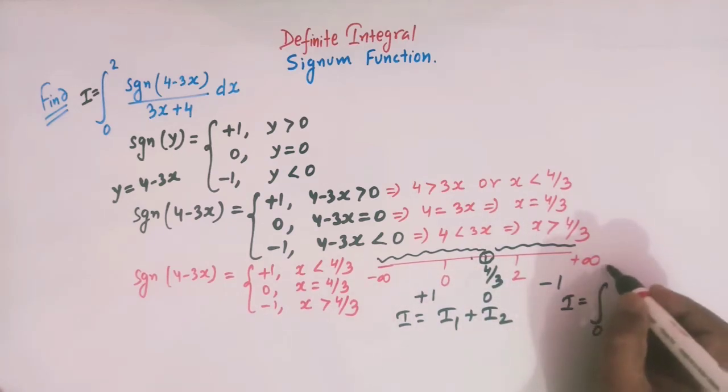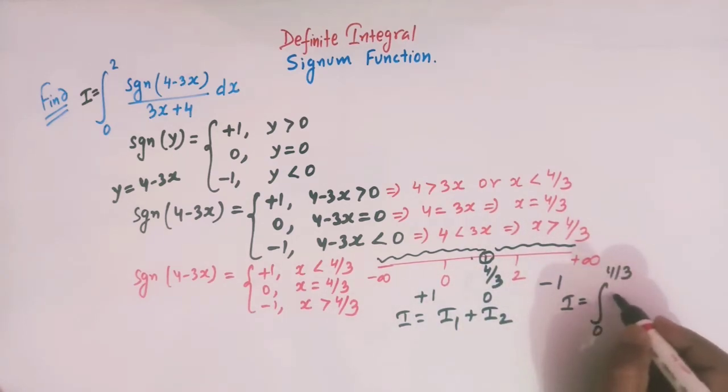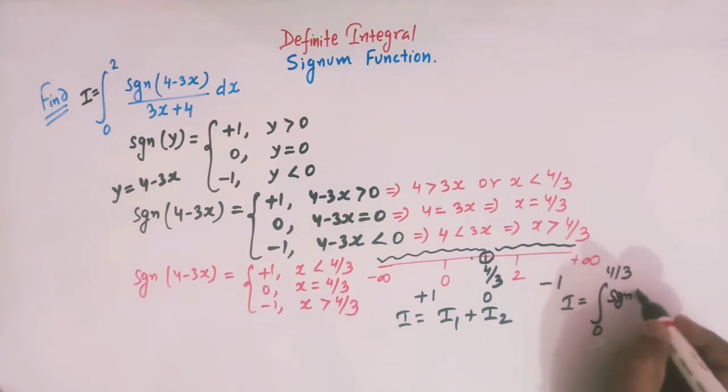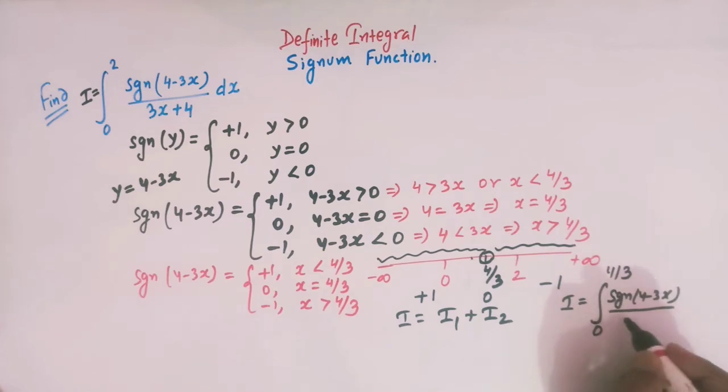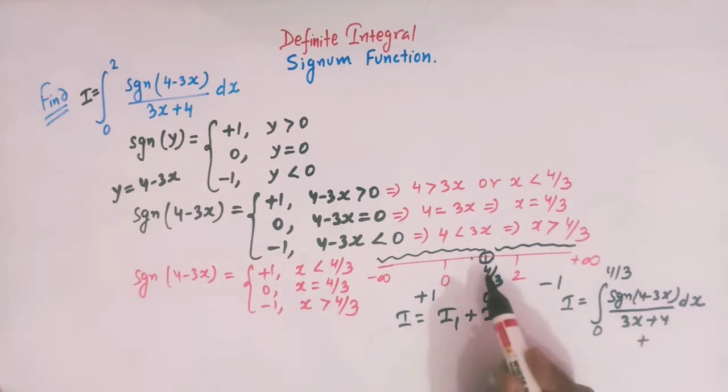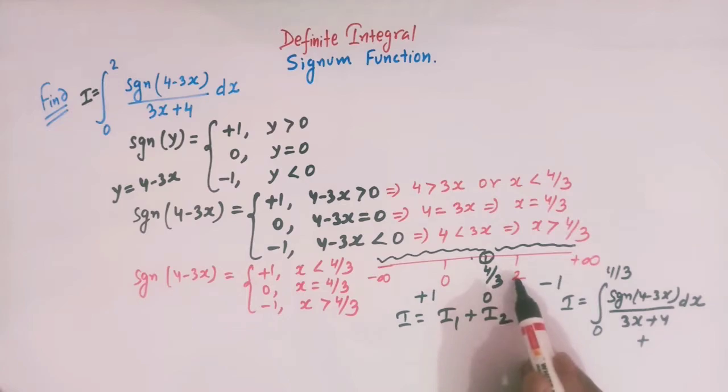So 0 to 4 by 3, and here we have signum of 4 minus 3x divided by 3x plus 4 dx, right? And I2 is from 4 by 3 to 2.